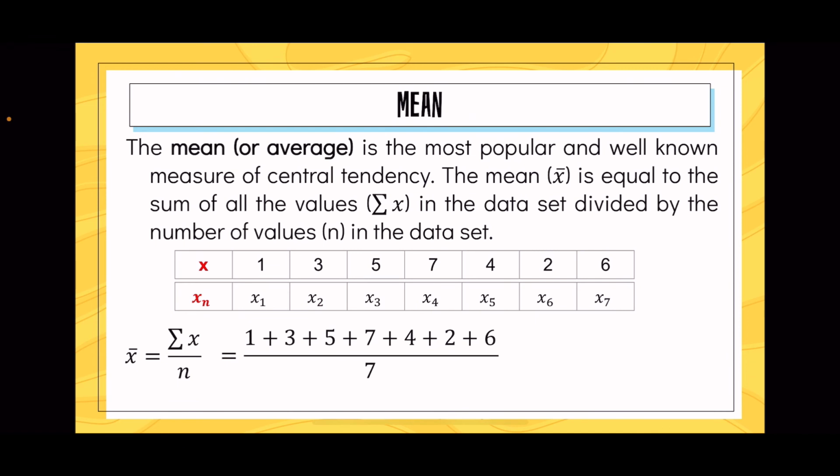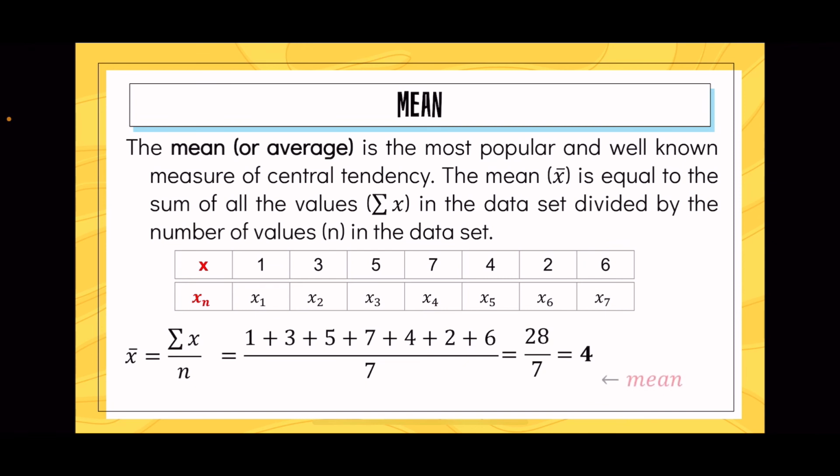So we have 1 plus 3 plus 5 plus 7 plus 4 plus 2 plus 6 divided by the total number of scores, which is 7. The summation of x is equal to 28, divided by 7. And 28 divided by 7 is equal to, that is right, 4. Then 4 is our mean.